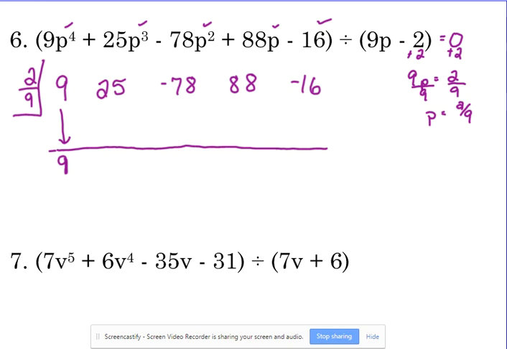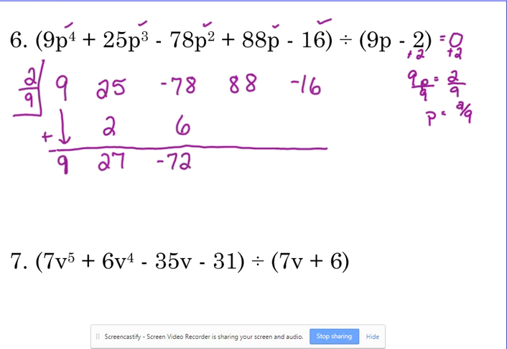2 over 9 times 9, the 9s cancel. That's just 2. Okay. So then we add. 25 plus 2 is 27. 27 times 2 over 9 is 6. Add, we get negative 72.